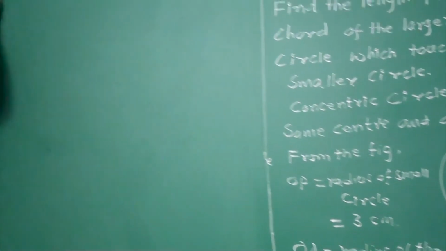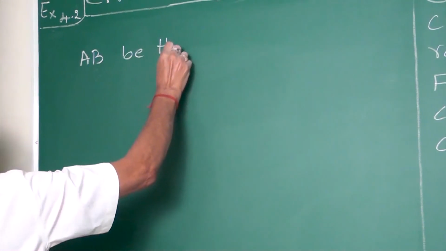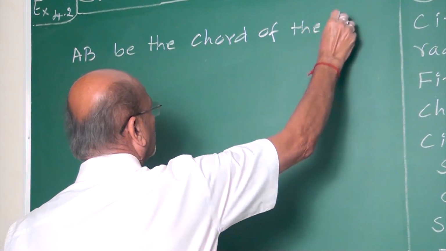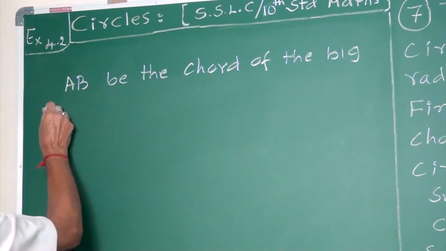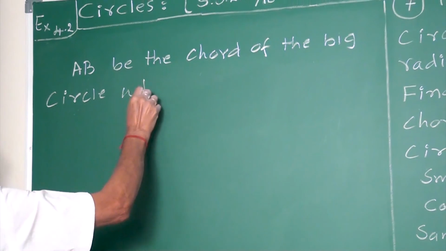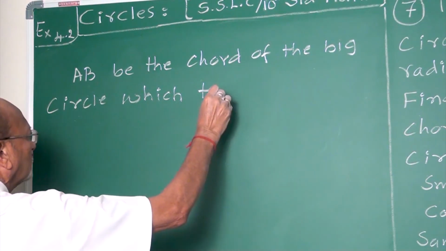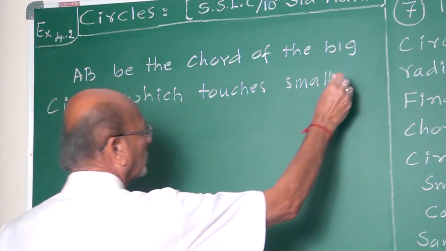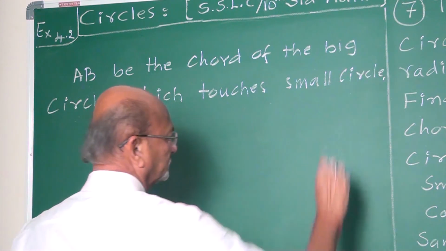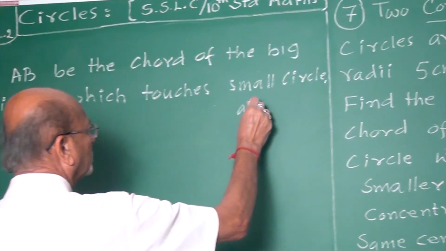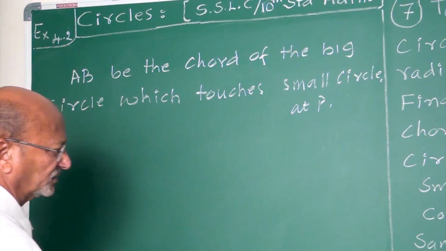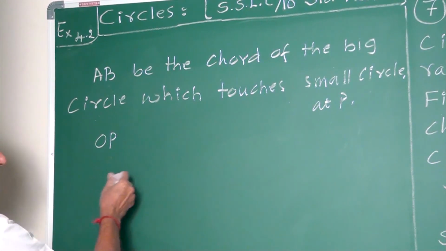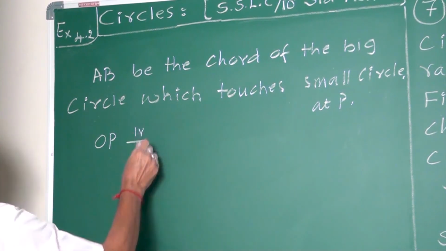Let AB be the chord of the big circle which touches the small circle at P. Now OP is the radius of the small circle, and it is perpendicular to the tangent.